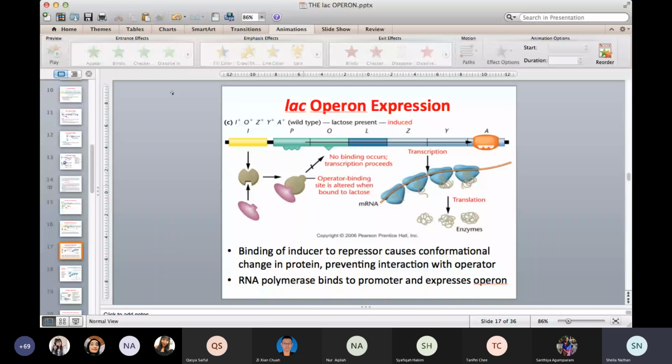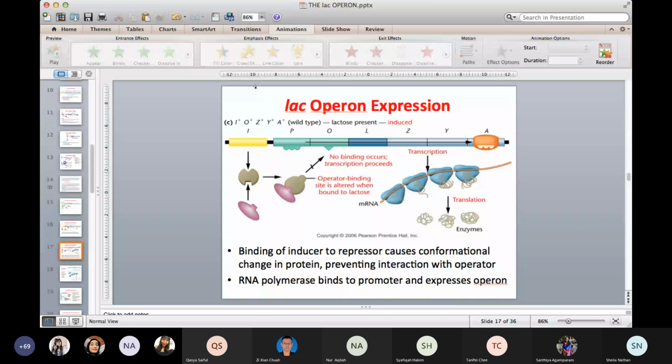It can no longer bind to the operator. When there's no binding here, RNA polymerase is free to come and bind here. Switch on, you get transcription of the three genes, produce three proteins, which will do their function, and the end product is increasing amounts of glucose.